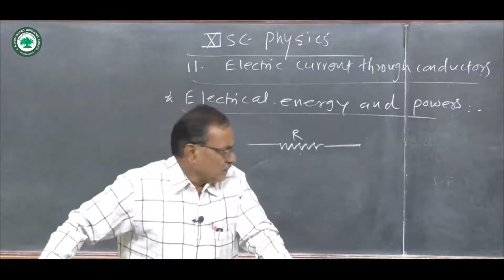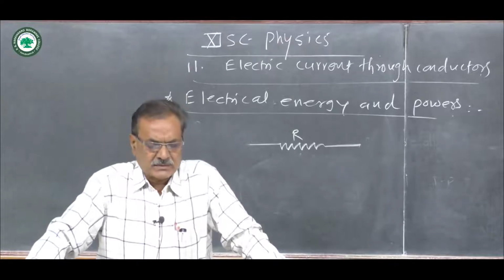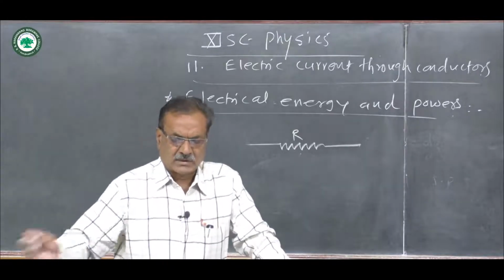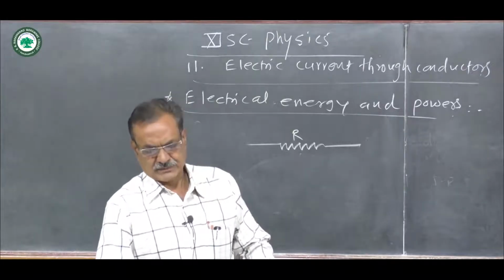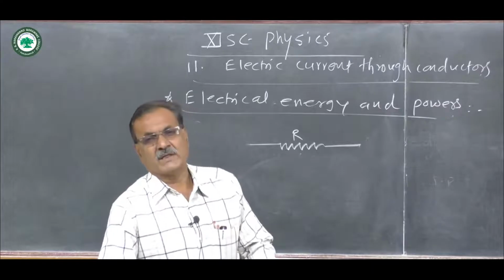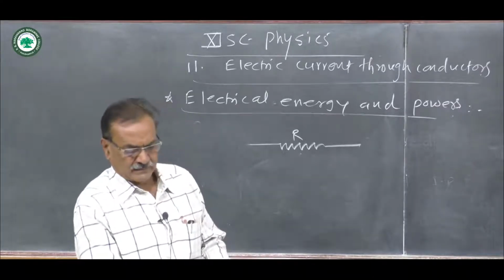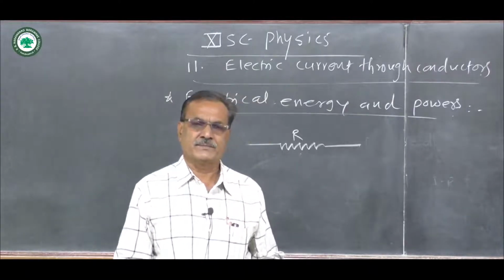Now this electronic device is used to limit the current or to control the current flowing through a particular path of a circuit. So commercially available resistors are mainly of two types.